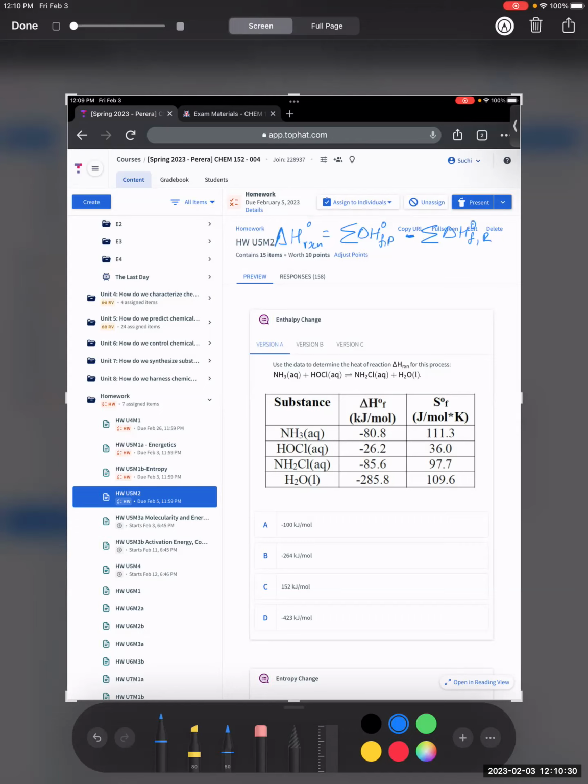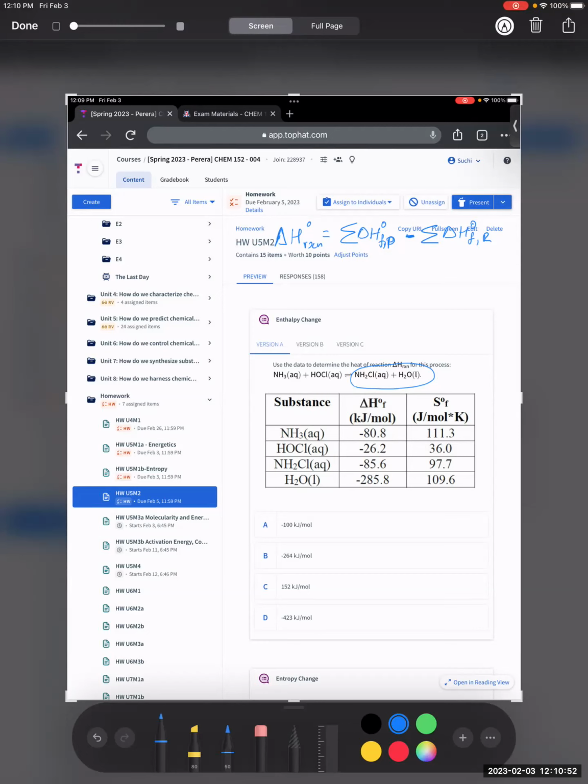So P is for products and R is for reactants. So products minus reactants. Now we are given the products, which is over here, and then we have the reactants as well. We'll add the enthalpies up. That's what we're going to do.